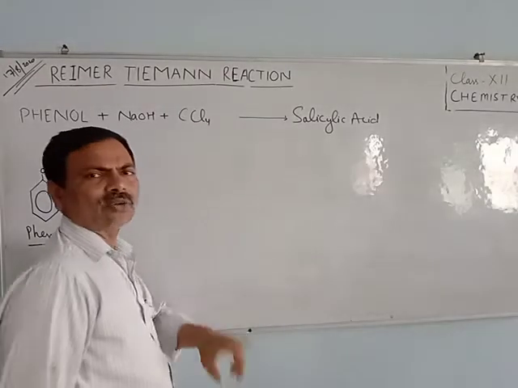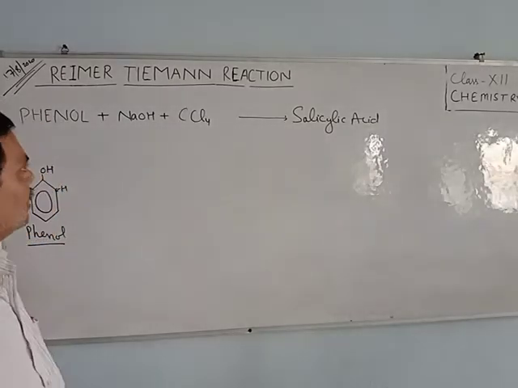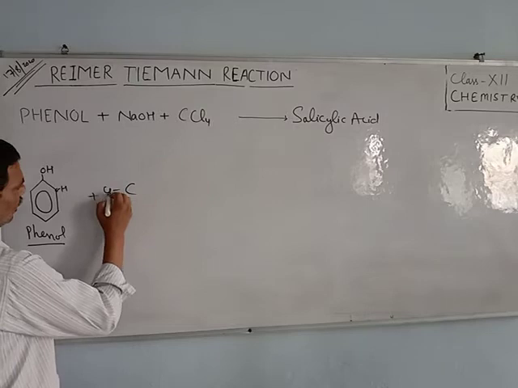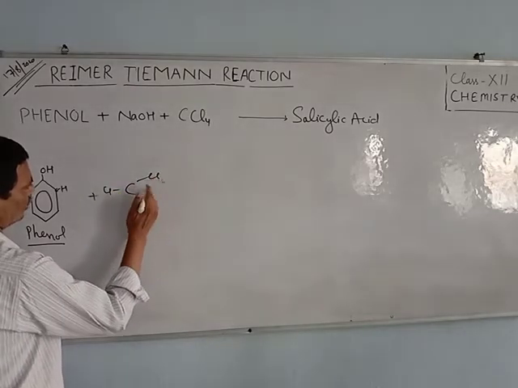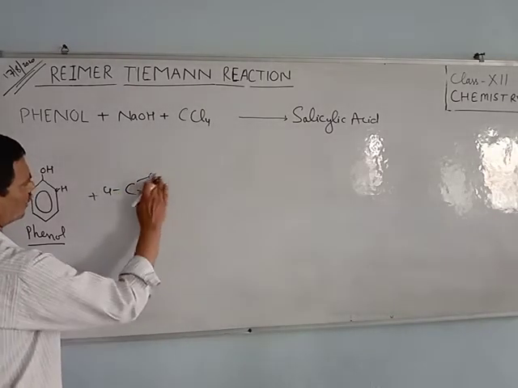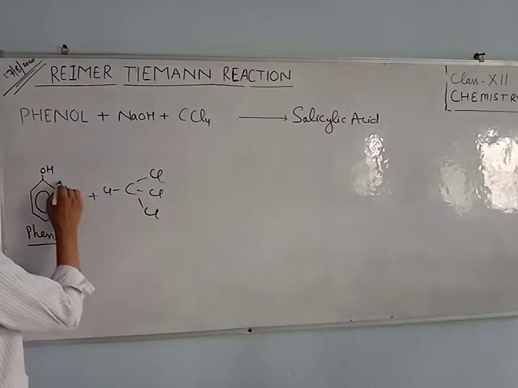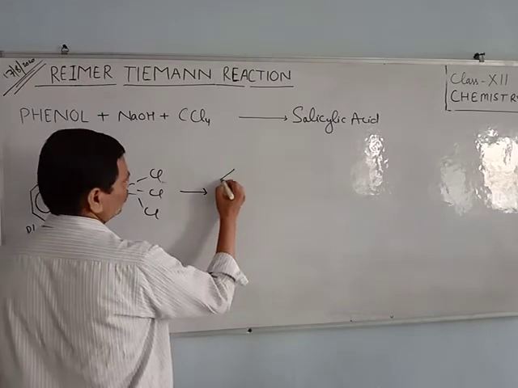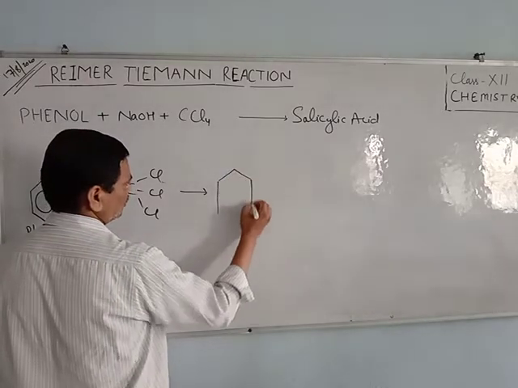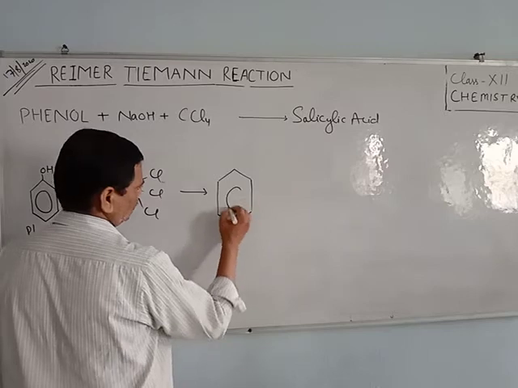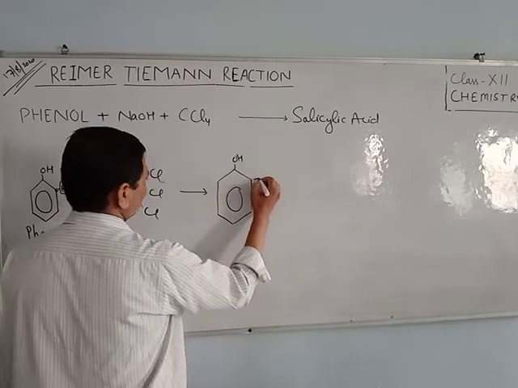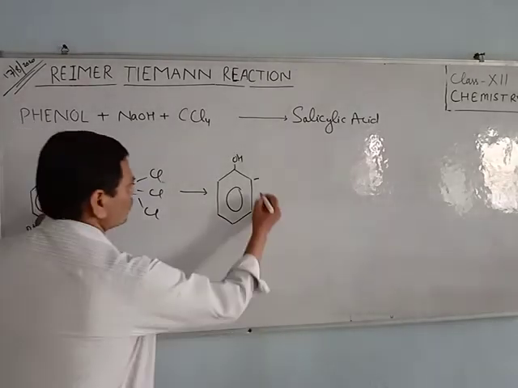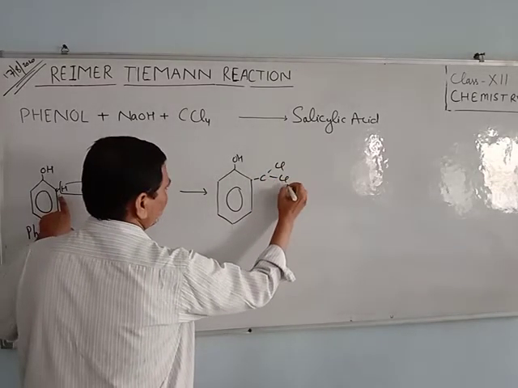When carbon tetrachloride is used, salicylic acid is formed. But how does the reaction take place? Phenol reacts with carbon tetrachloride. The same thing takes place here, and HCl is removed. Now this is OH, and this carbon will be bonded with the carbon atom of the ring, carrying Cl.